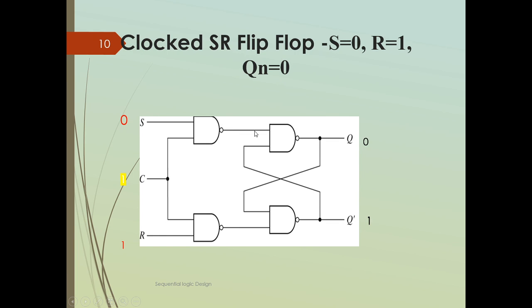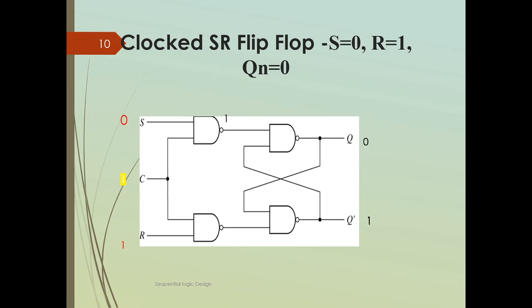So you are supposed to keep in mind the operation of the NAND gate. If any input of the NAND gate is 0, the output is 1. Any input of the NAND gate is 0, output is 1. Now the condition is what? S is equal to 0, R is equal to 1 and C equal to 1.